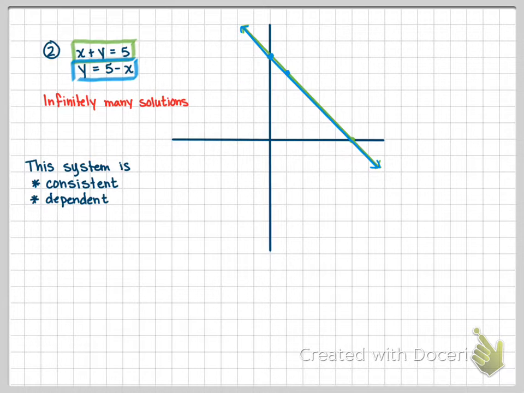So when we say infinitely many solutions, the reason there's an infinite number of them is because that line has an infinite number of points on it, not because you can just pick anything you want and it'll work automatically. When we have a dependent system, it just means that if you have a point that is a solution to one of the equations, it will also be a solution to the other one. We have to be careful with that distinction. That's why we always write infinitely many solutions as opposed to all real numbers or anything like that.